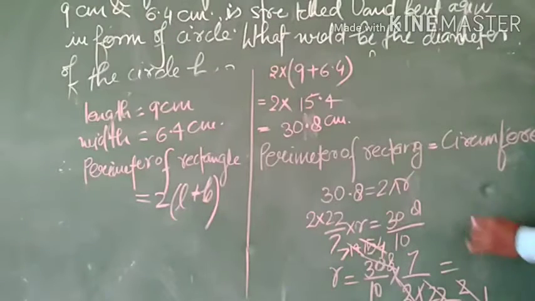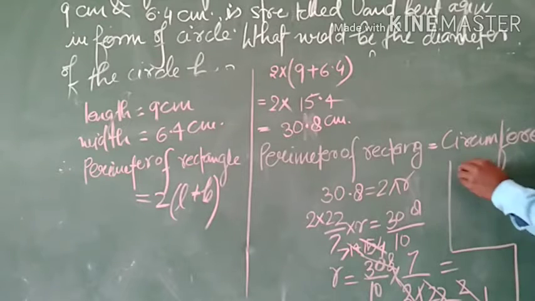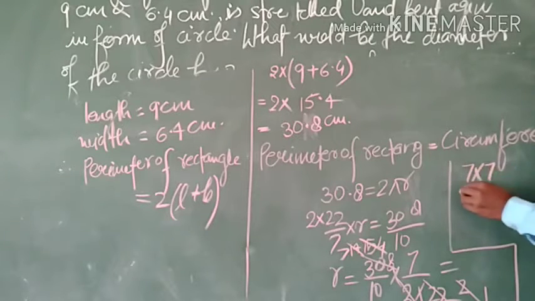And here we get our result as 7 multiplied by 7 upon 10, and this will be equal to 7 7s are 49 upon 10, or it can be written as 4.9 centimeter.